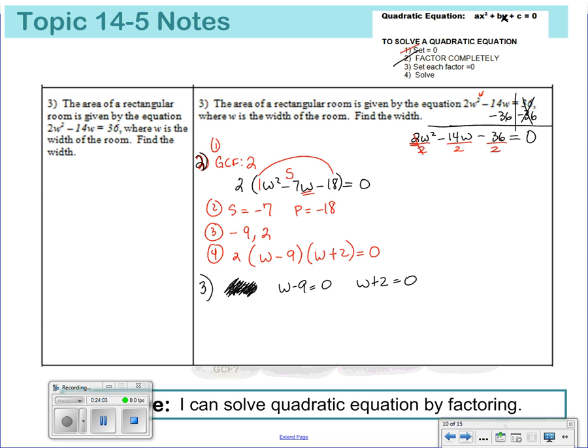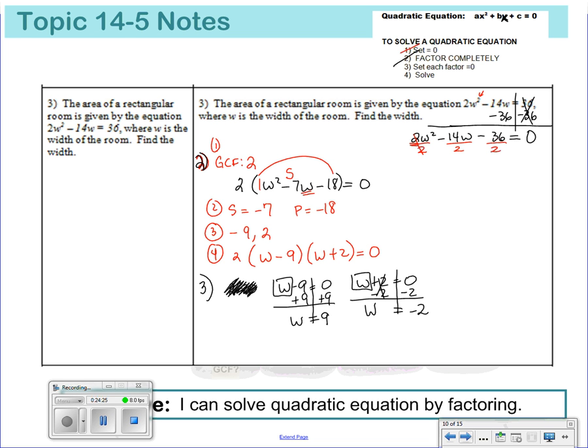The second one, we have w minus 9. Let's solve for w. We're going to add 9 to both sides. To get the w by itself, we get w is equal to 9. Let's look at the last factor, get w by itself. We have a plus 2, so we're going to subtract 2. That'll give us w by itself, and 0 minus 2 is negative 2.